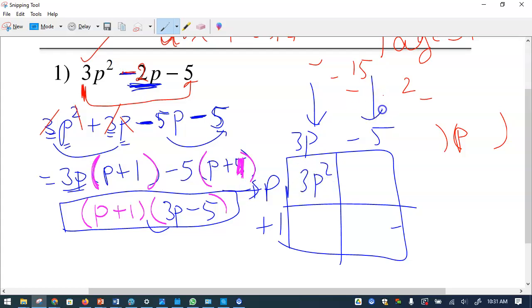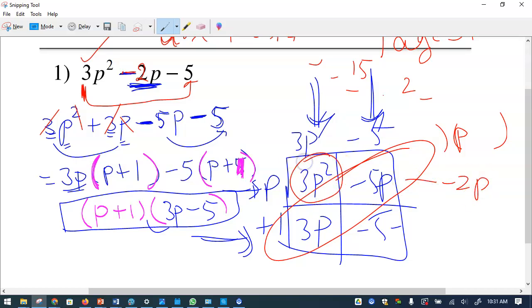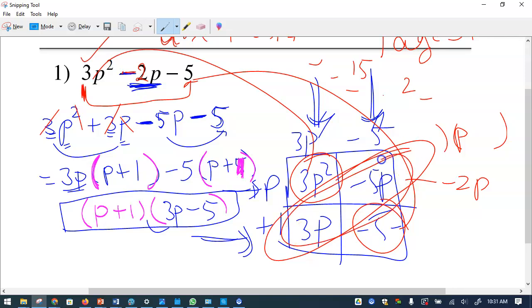If you multiply these two, you get minus 5p. If you multiply this and this, you get 3p, and if you multiply plus 1 and minus 5, you get minus 5. And clearly you can check that diagonally these are like terms, they combine to get minus 2p. So this 3p square is right here, this minus 5 is right here, and this together is minus 2p is right here, and you are right.